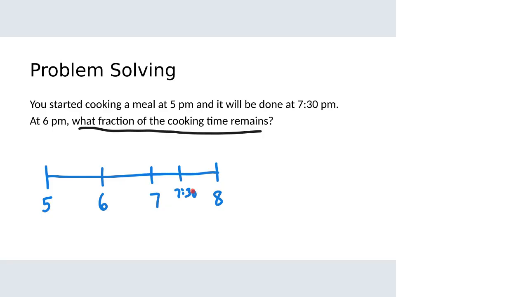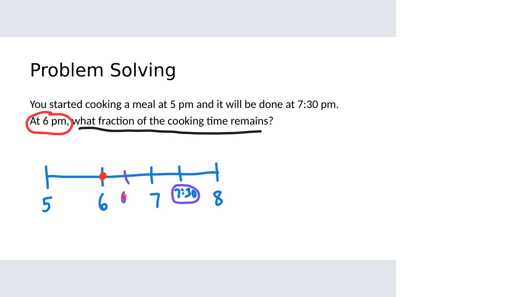Okay, then. My question here says, at 6 p.m., what fraction of the cooking time remains? So it's 6 p.m. right here on my length model. And if I want to chop this thing up, the fact that this is at 7:30 means I want to make sure I cut this up into 30-minute intervals, not just hours.